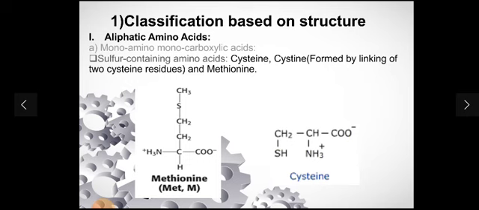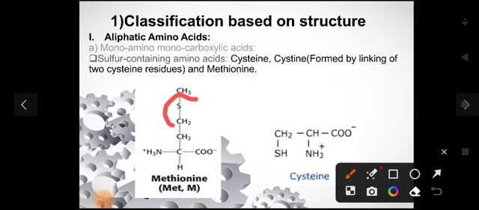Now we still have the aliphatic amino acids. Still on the monoamino monocarboxylic acids, we have the ones that contain sulfur, and those that contain sulfur, you have methionine. You look at this, you see there is sulfur here, and in cysteine, there is sulfur here.